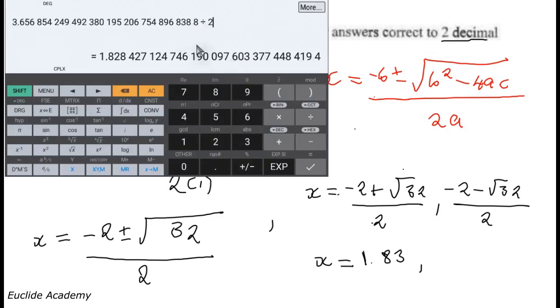So we have our calculator here, and we can clear everything, or if you're using a calculator, you can use the history to pull up the previous calculations so that you don't have to punch in things again.